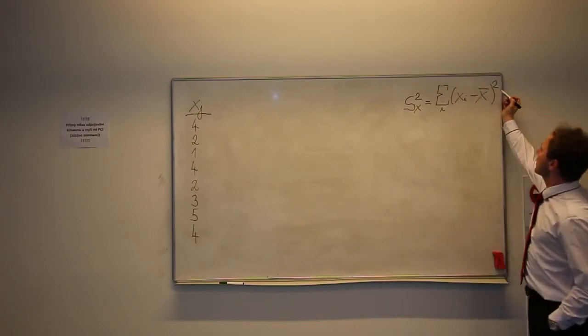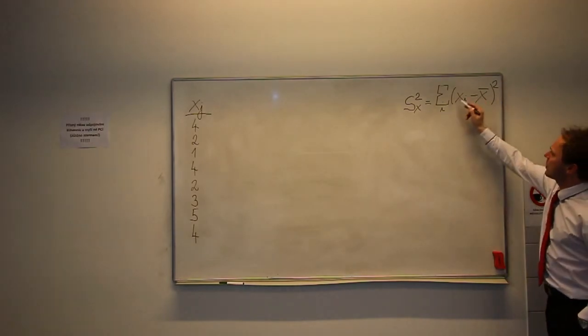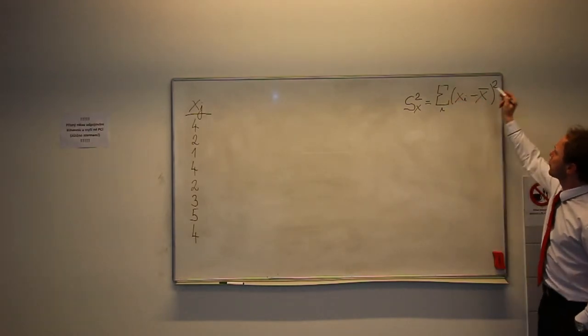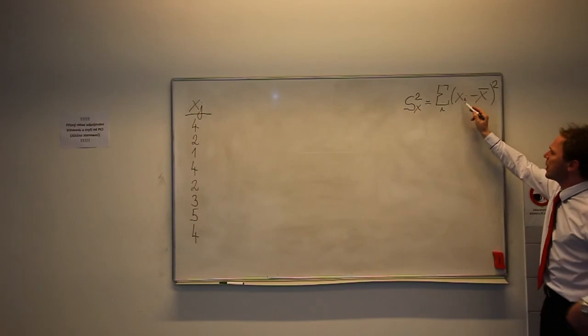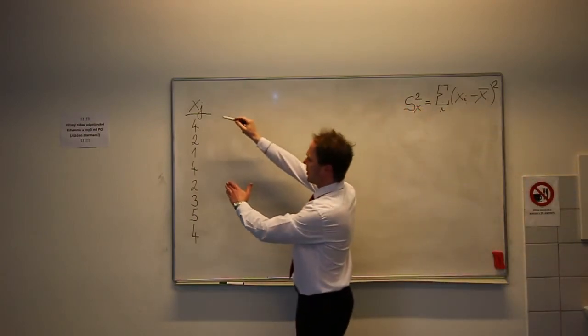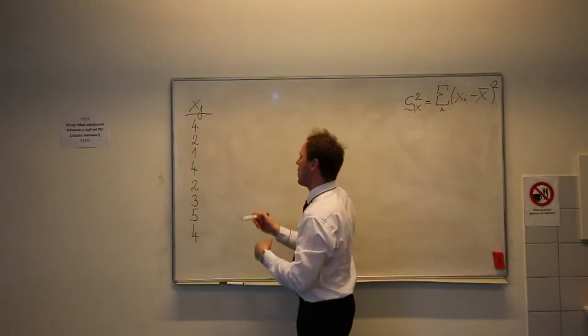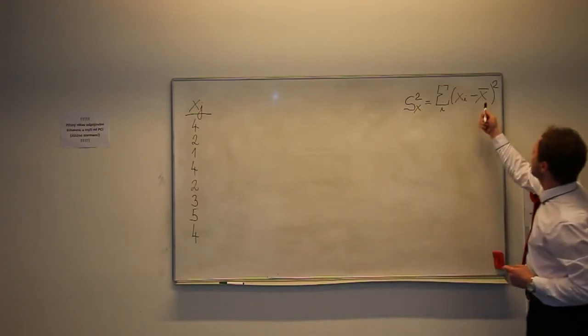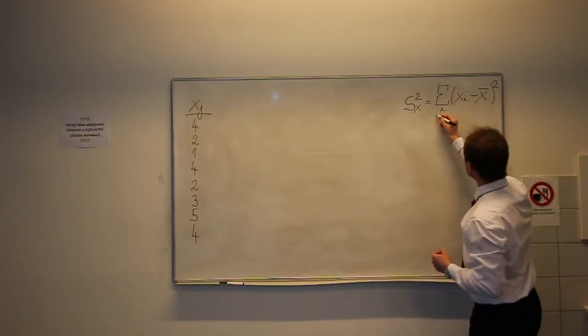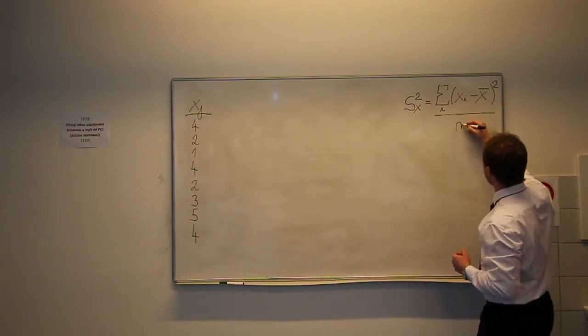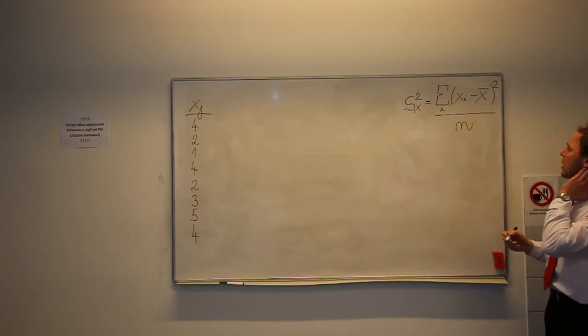It means the summation of squared differences between the values of the particular variable and the arithmetical mean. And this is divided by the number of observations.